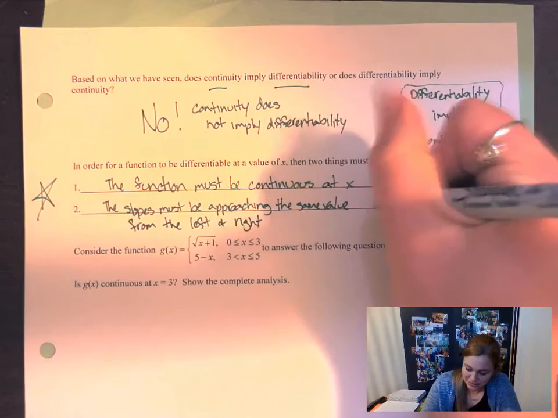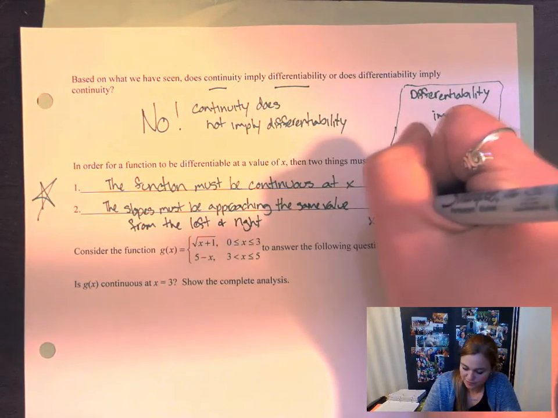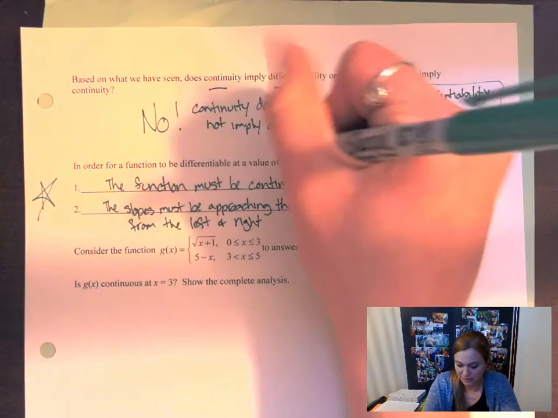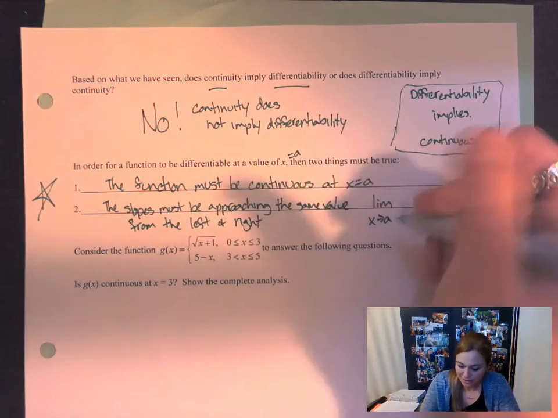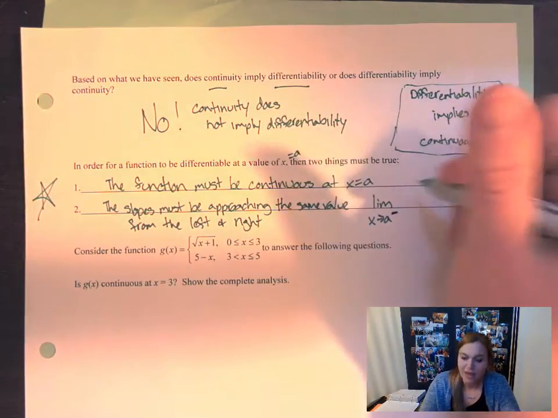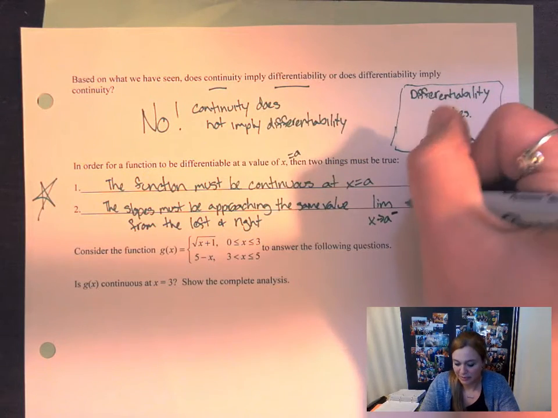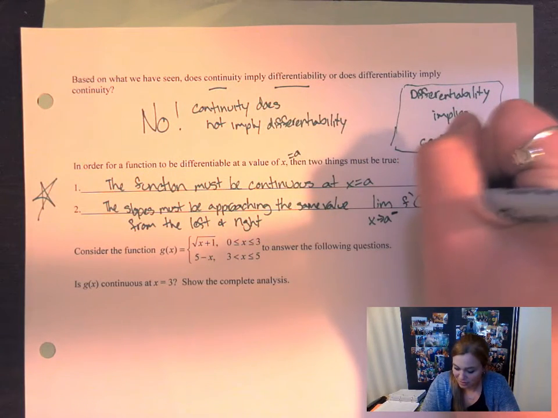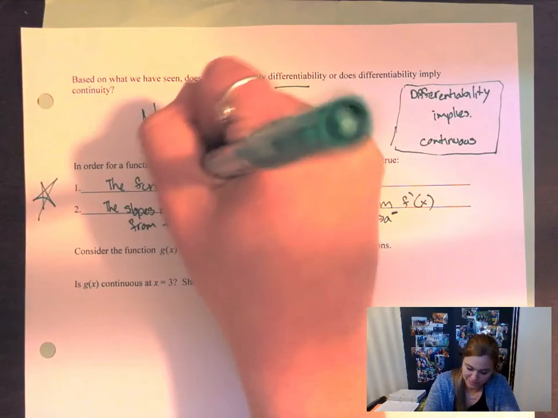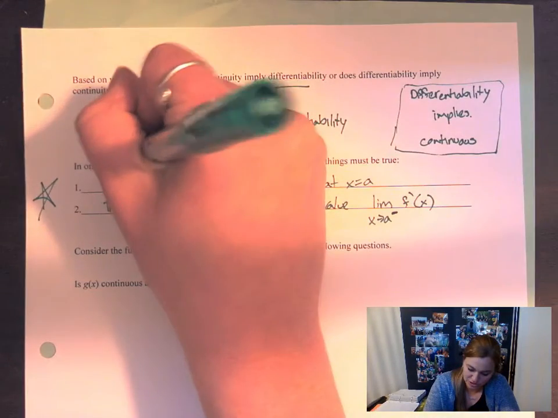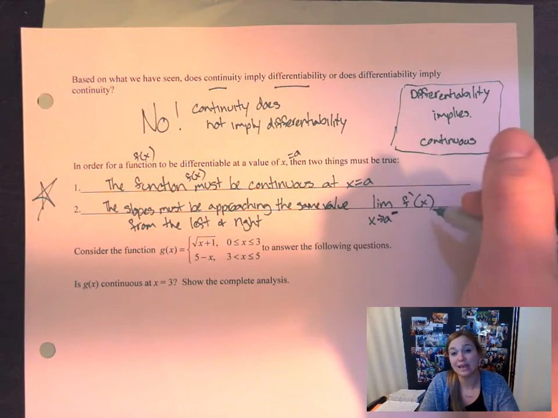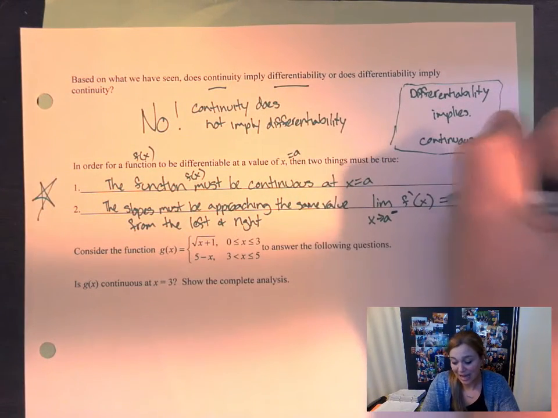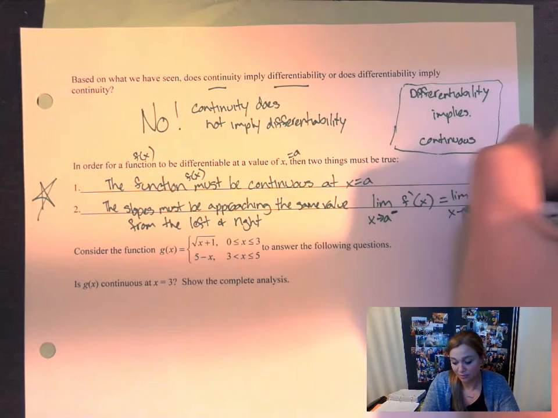But what this is: the limit as x approaches, let's say a, if this is at x equals a, from the left of the slope, which would be f prime of x, of this function f of x. So I can write this notation: the limit as x approaches a from the left of f prime of x has to equal the limit as x approaches a from the right.